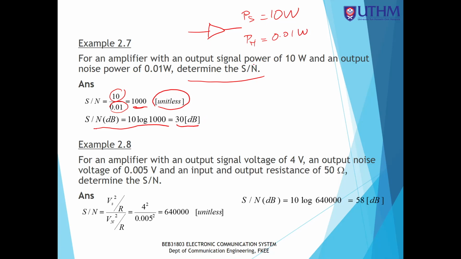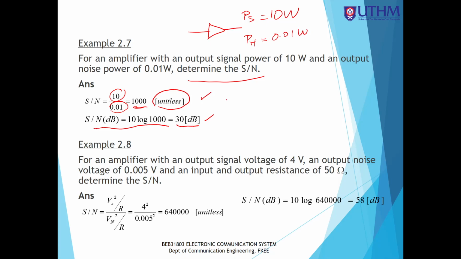You see that the question doesn't explicitly ask you to find decibel. So actually you can stop here. But unless the question explicitly asks you to find it in terms of decibel, then you need to proceed until decibel.